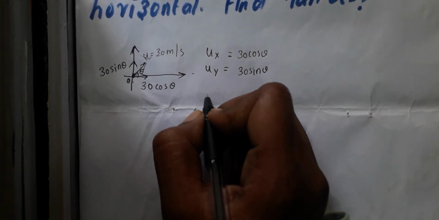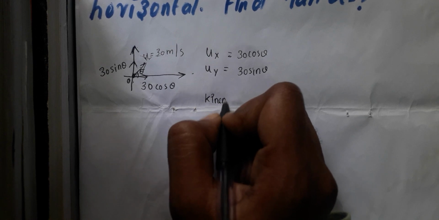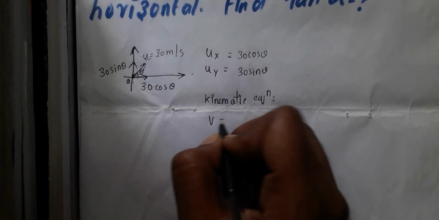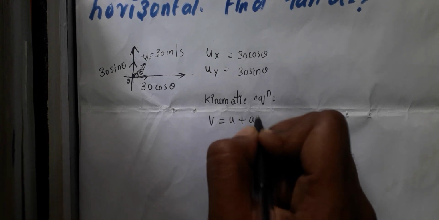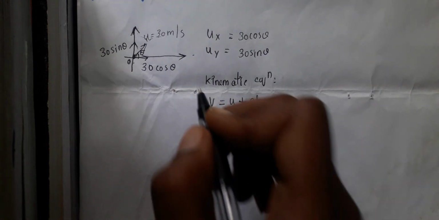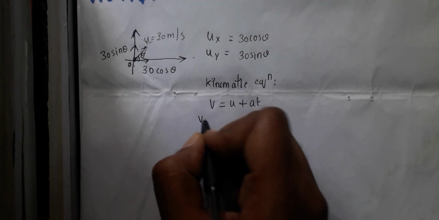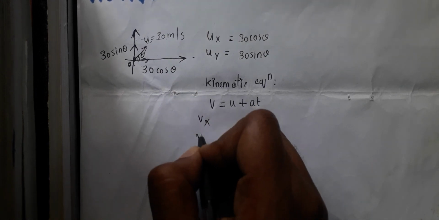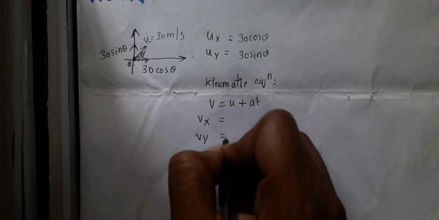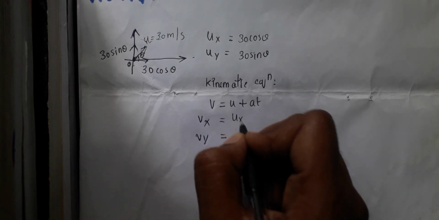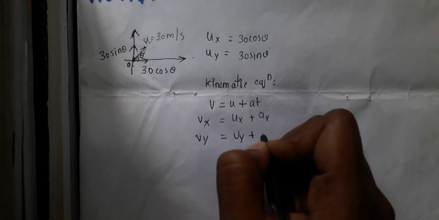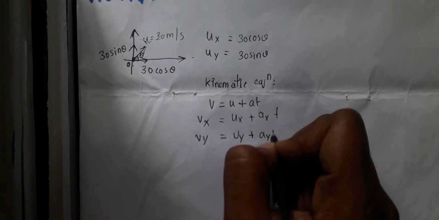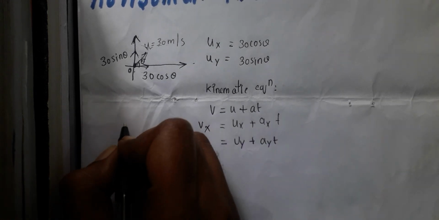We have to remember the kinematic equation. What kinematic equation do we need here? It is v equals u plus at. Here we have to find v, which has a vertical component and a horizontal component. The equations involve ux and uy, ax and ay, and t.